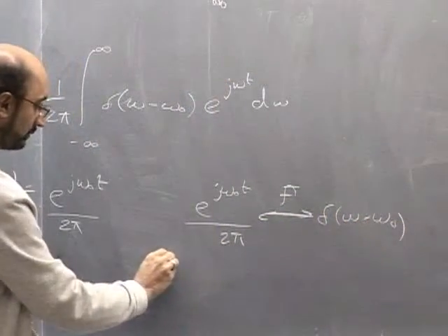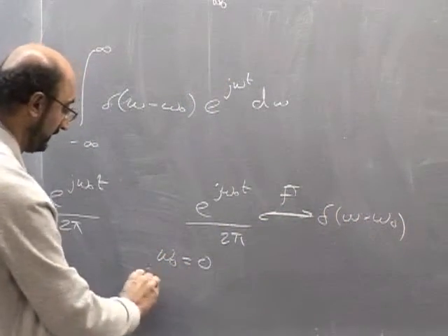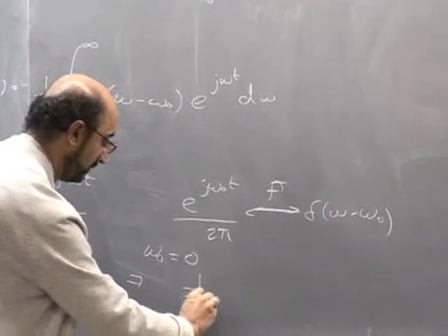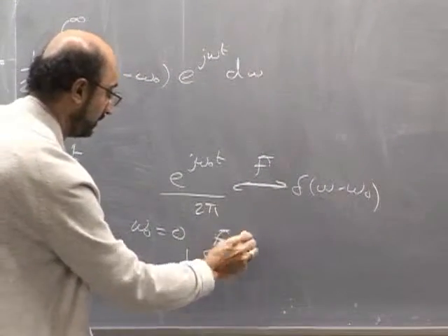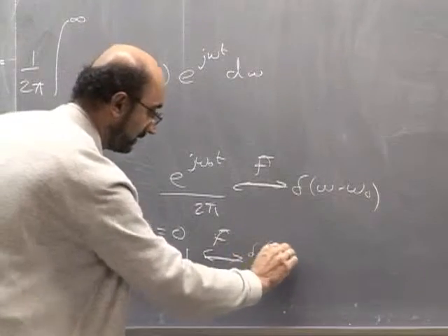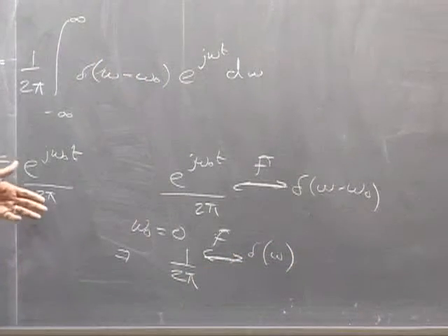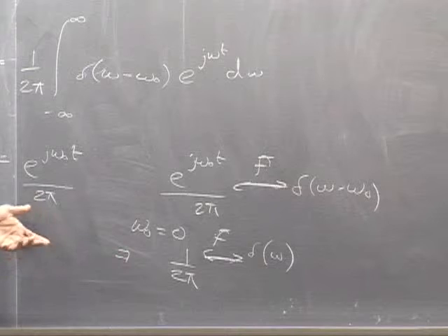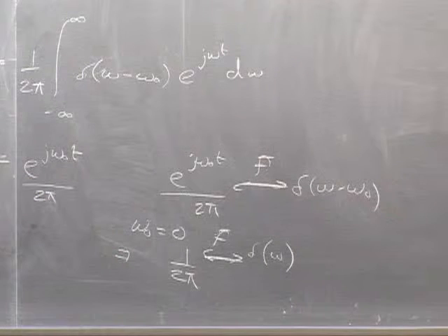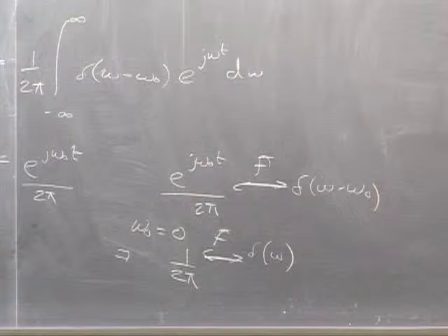We just set omega naught equals 0. This implies that 1 over 2 pi corresponds to the frequency delta omega. Right, so the inverse Fourier transform of delta omega is the constant 1 over 2 pi, and that was the solution I was looking for. Again, you just plug in omega naught equals 0.